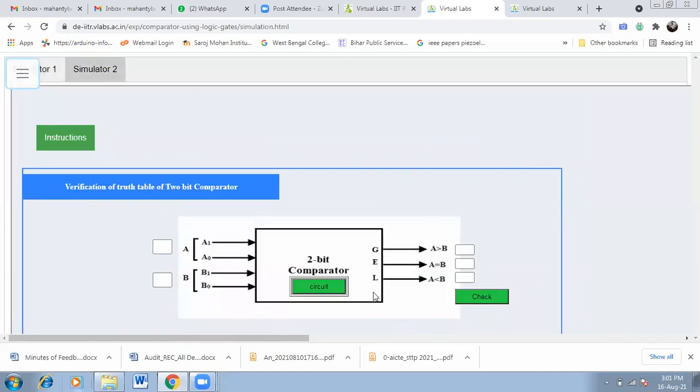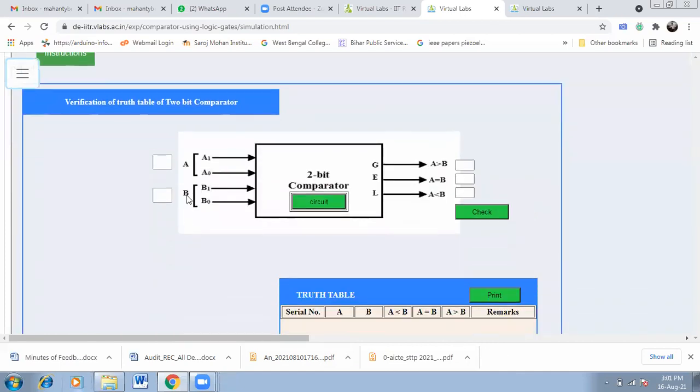Now simulator 2. So this is A, this is B. If you write simply 0 and 1 bit, that will give you the wrong output. Sometimes you can see that this is 0 and this is 0, meaning A and B both are the same.